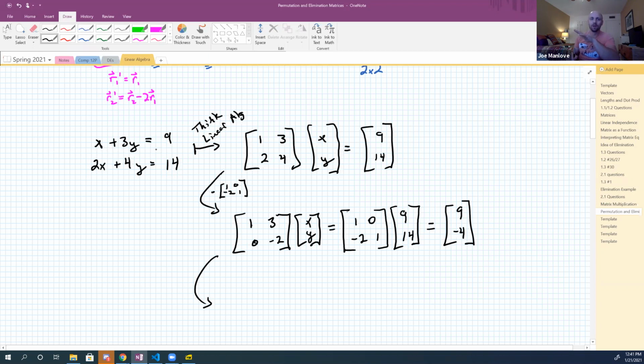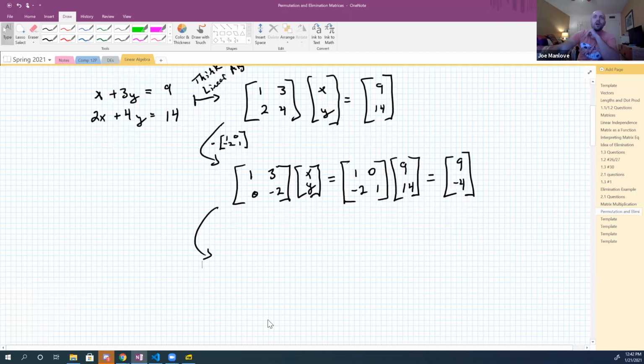Does everybody follow that the next steps I'm doing are kind of overkill? So I'd like to make my life a little easier. I'd like to target this -2. So what matrix can I multiply on the left to get that -2 to become a 1? What do you want to do to that second row?